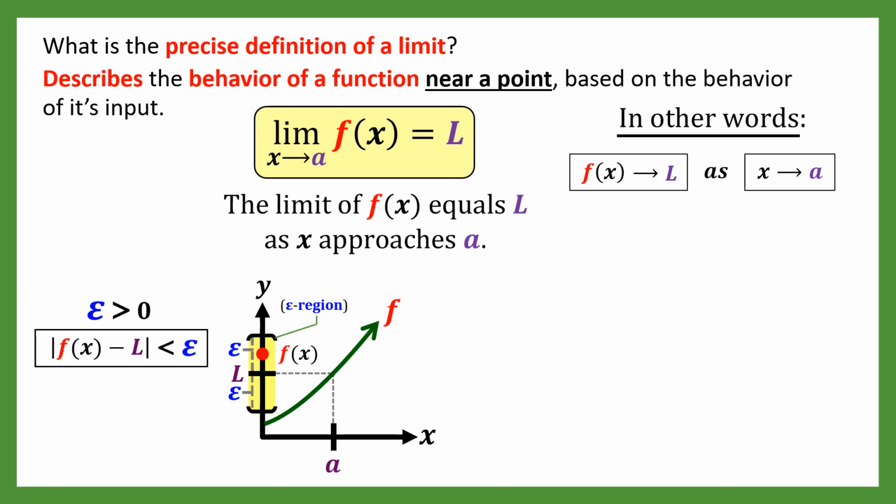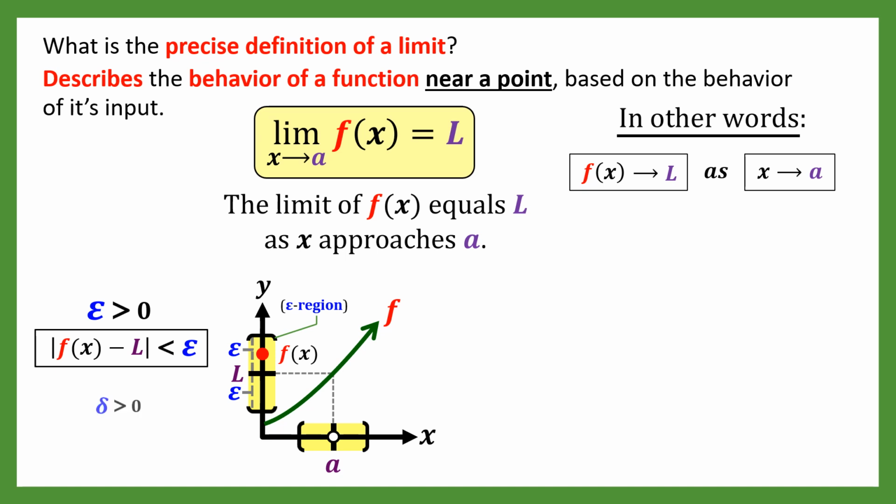Going back to the statement for the limit, if this statement is true, then for any epsilon region, there exists another region centered around a, but not including a, where every point in this region is related to a value within the epsilon region. To indicate the size of this region, let's use another positive value, represented by the Greek letter delta.